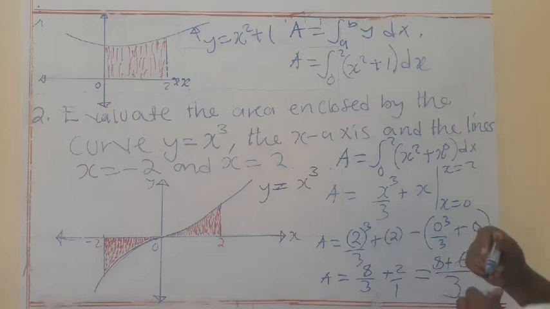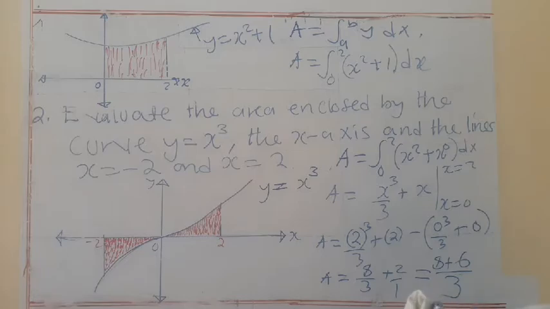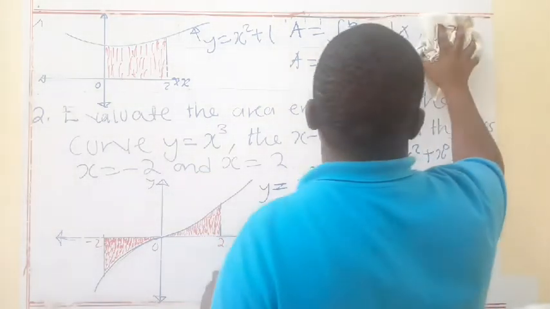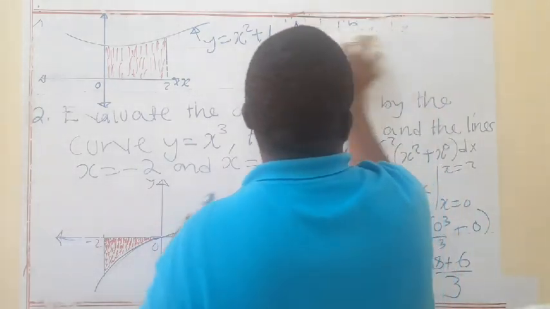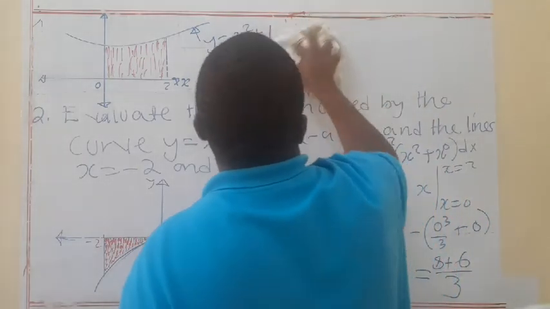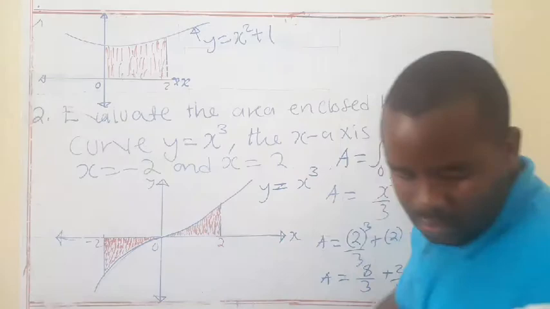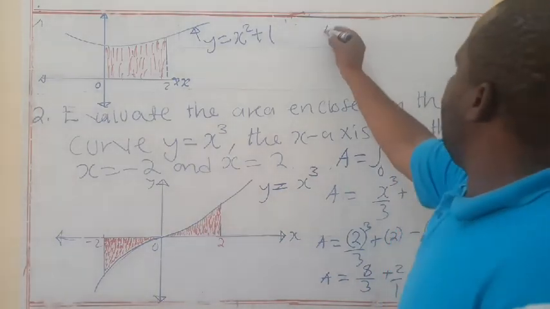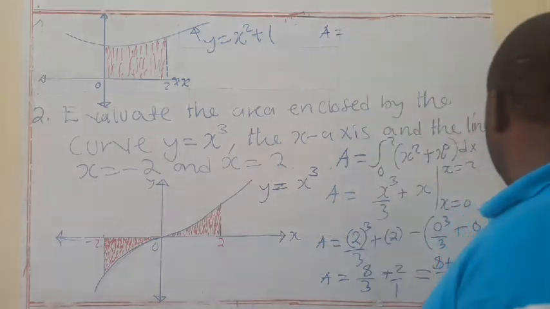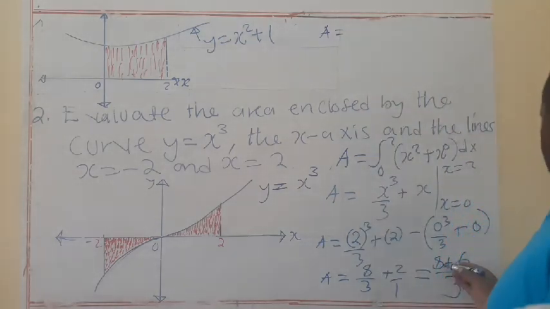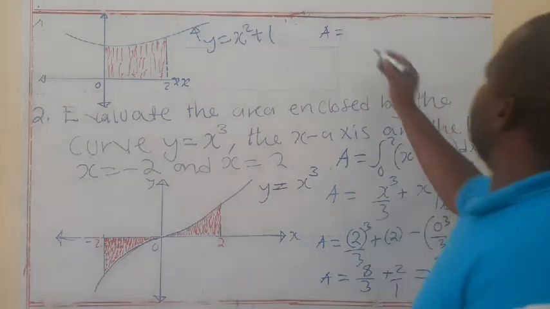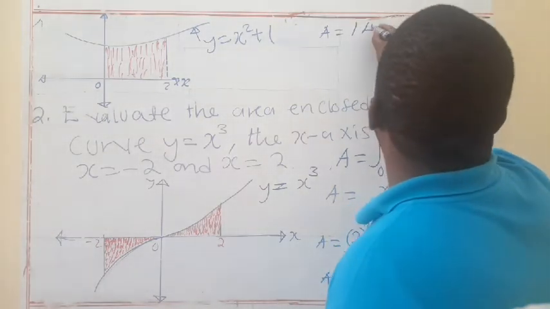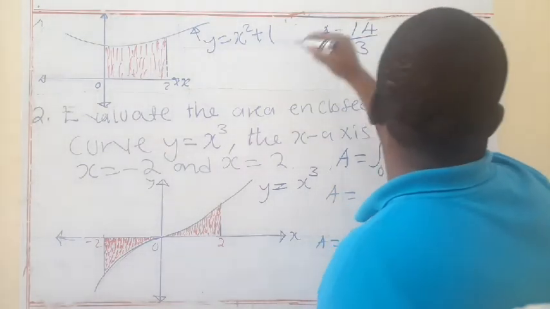So we have that value there, so I can erase the top part. Our area is equal to 8 plus 6, we have 14, so 14 divided by 3.